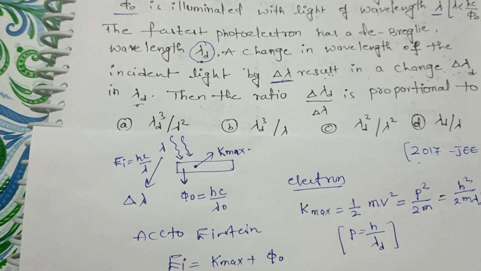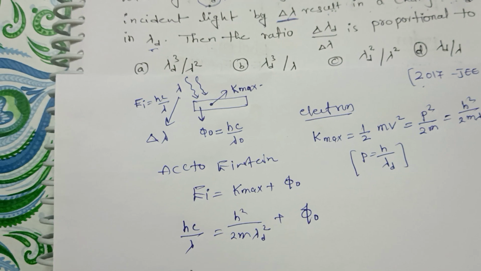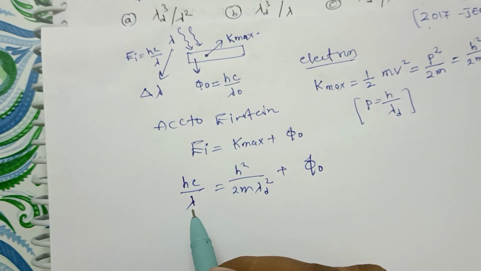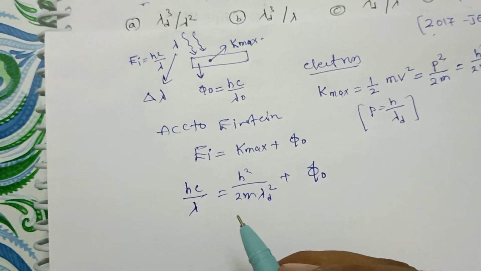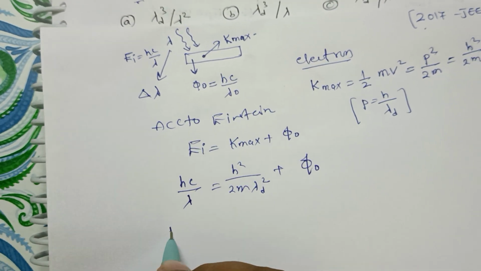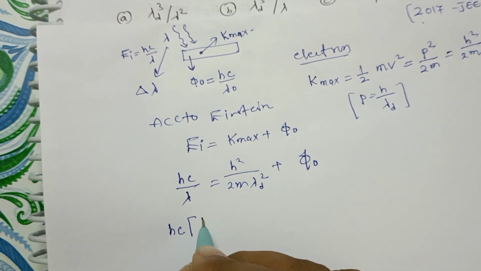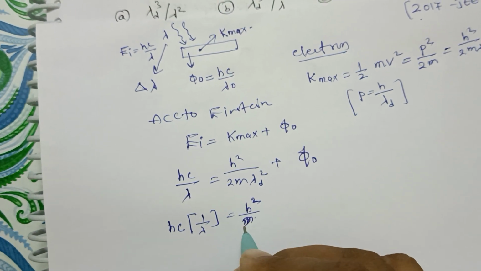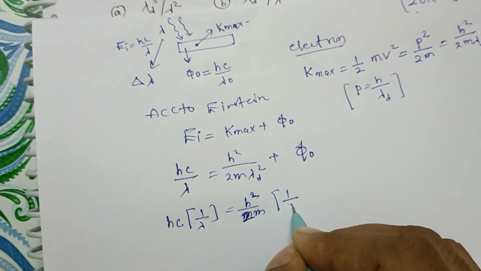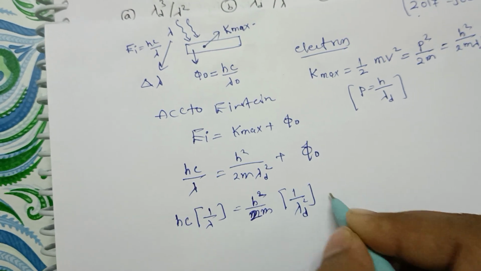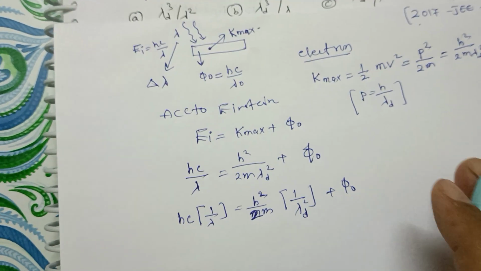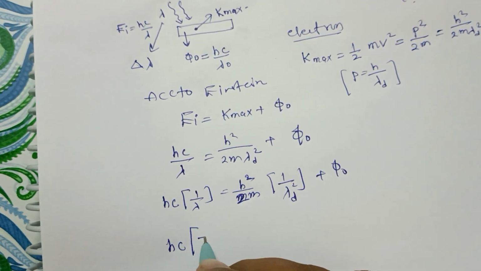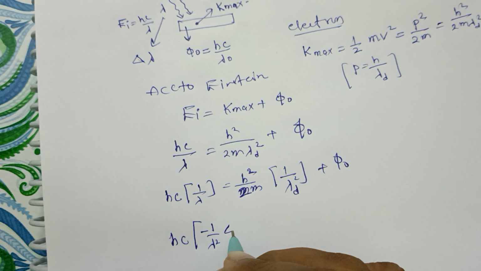The only thing you have to do is differentiate both sides with respect to lambda. I can write delta of hc by lambda, plus h square by 2m times 1 by lambda d square, plus phi naught. Differentiating both sides, hc times minus 1 by lambda square delta lambda. I hope you can understand this.